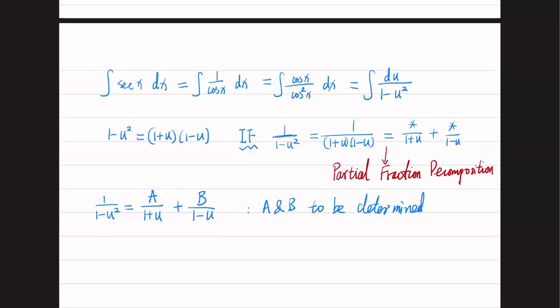So to find this A and B, we get rid of the denominators. So we multiply both sides by this factor. This one will have 1 plus u, so 1 minus u stays, 1 plus u stays, 1 over there. Okay, so we get rid of the denominator. That's a very important step.